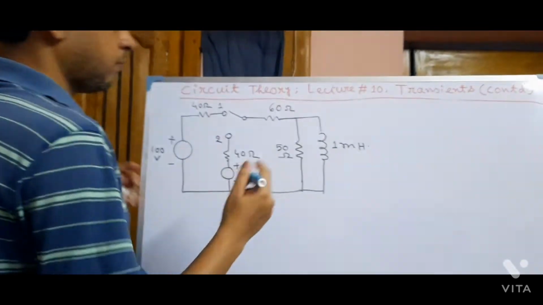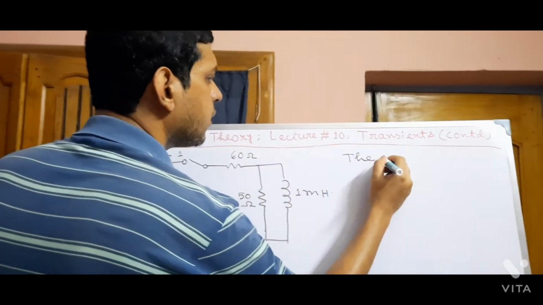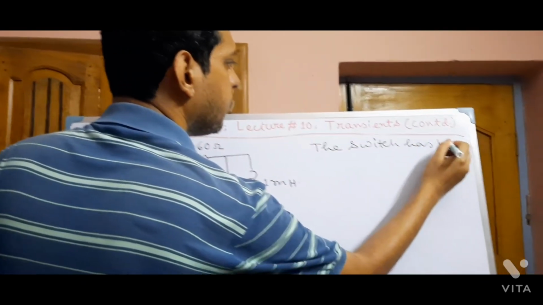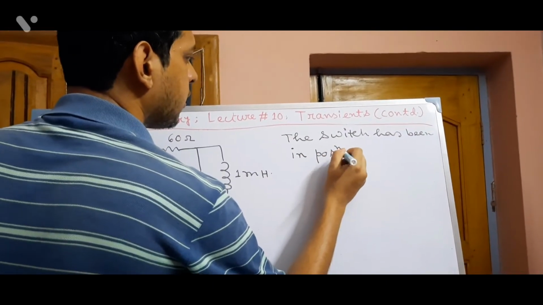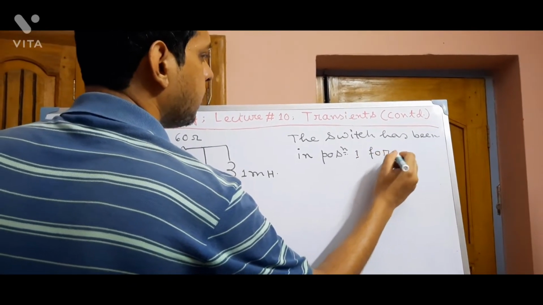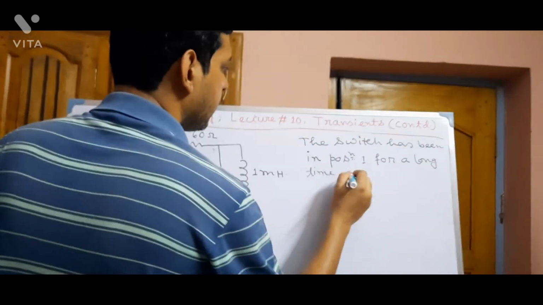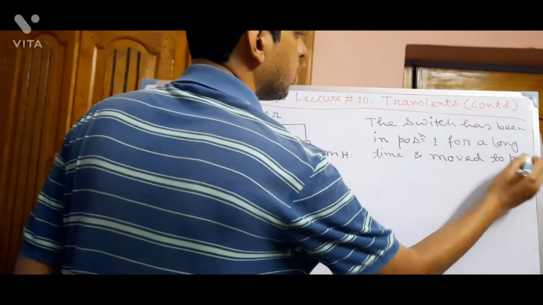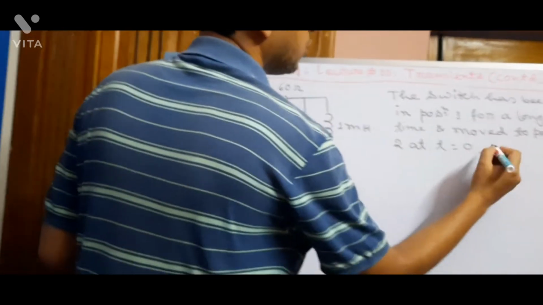Here the problem statement is: the switch has been in position 1 for a long time, and the switch is moved to position 2 at t equal to 0.